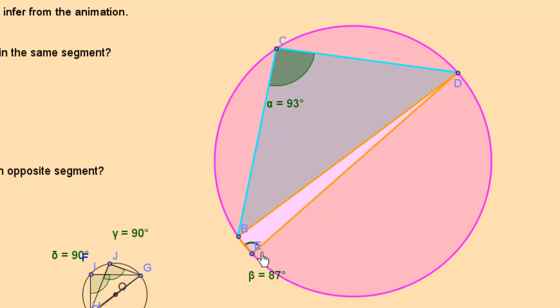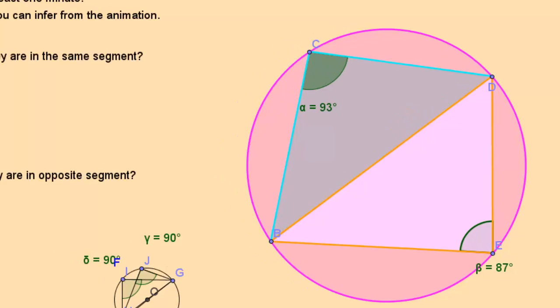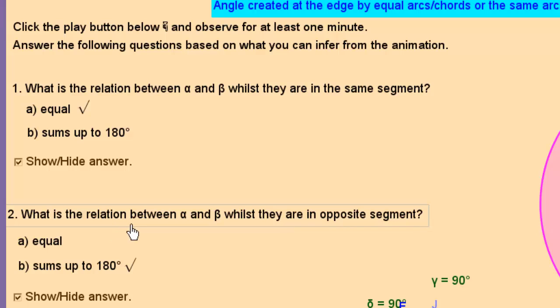But if they are in opposite segments created by the same chord, then they will add up to 180 degrees. Hence, the answer is that whilst alpha and beta are in opposite segments, they will add up to 180 degrees.